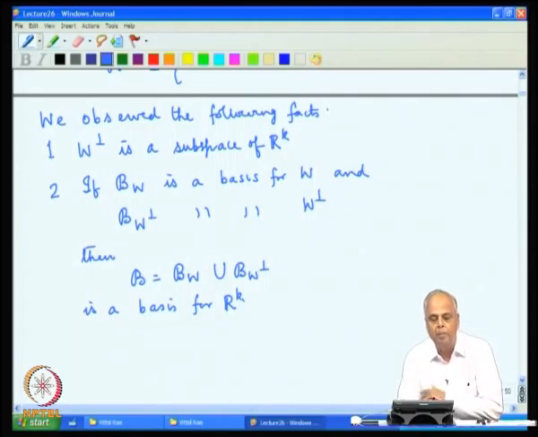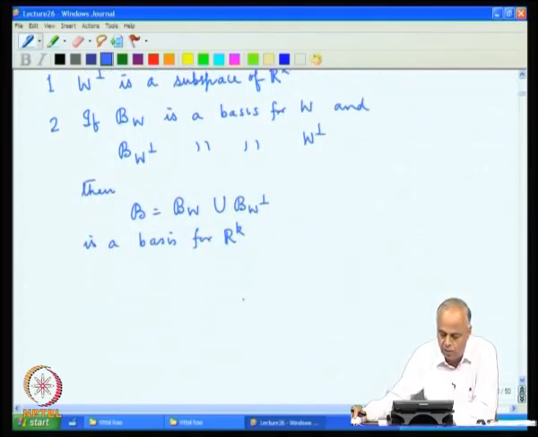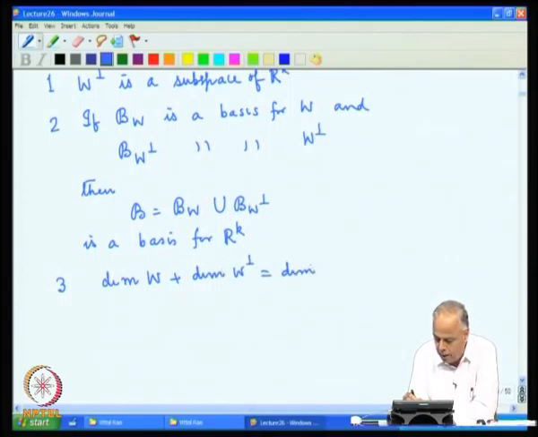So, we can get a basis for the whole space by getting a basis for W and a basis for the orthogonal complement. A consequence of 2 is the fact that the dimension of W plus dimension of W perp is equal to the dimension of R k, which is k.